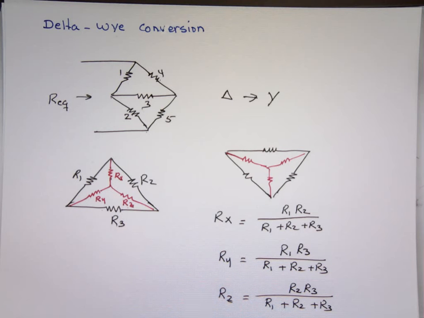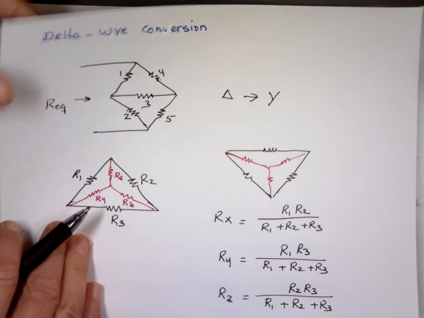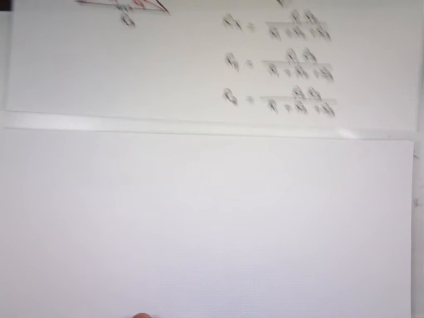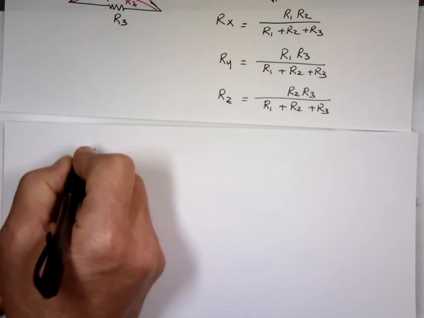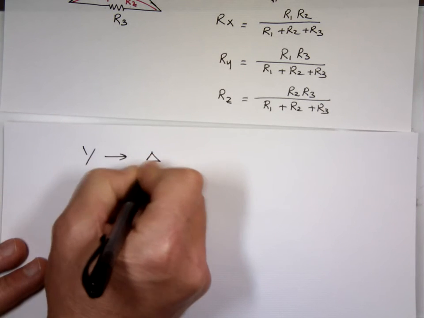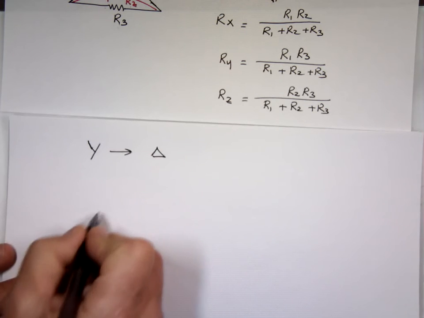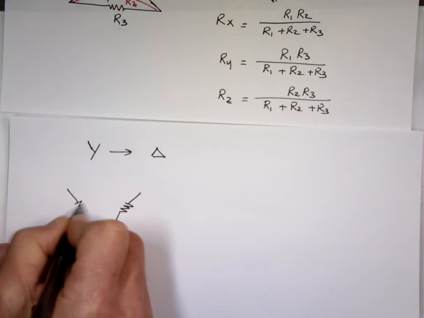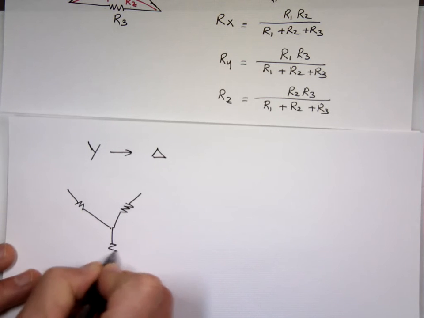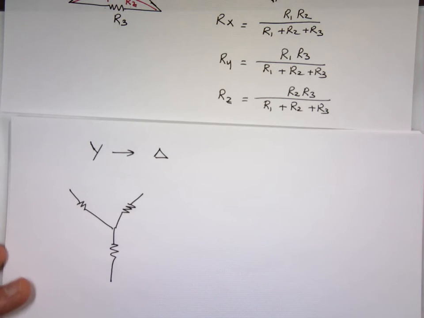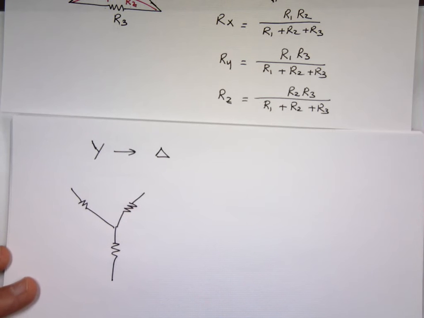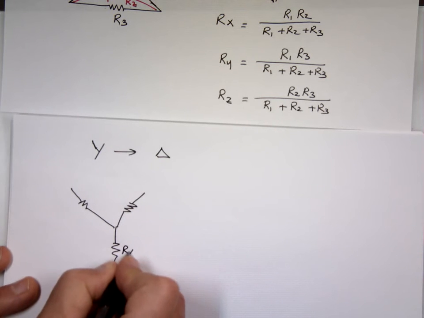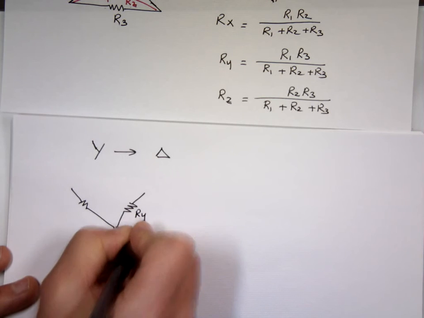And the other one, if you have Y and you want to change it to a delta, you want to be able to go back and forth. So this is from Y to delta. So you have resistors like this, we'll call them Rx, Ry, Rz.